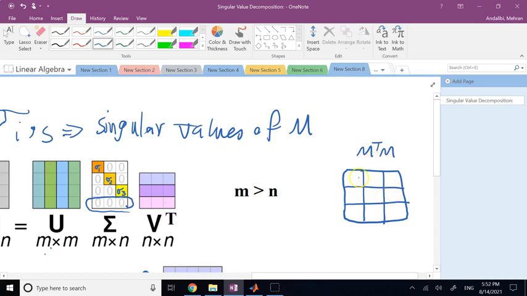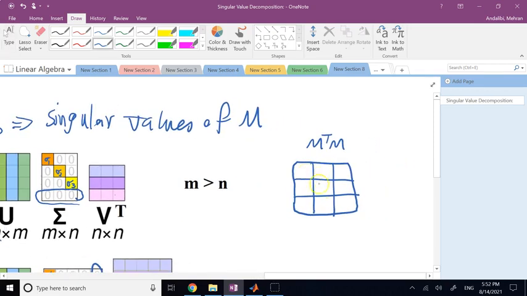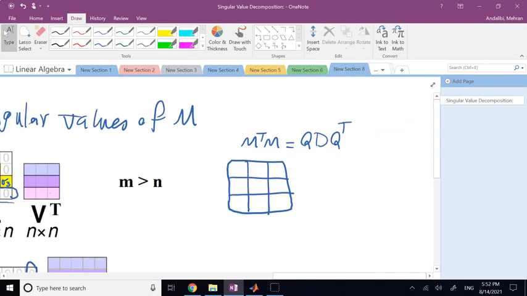And if you can write it in terms of Q times D times Q transpose, so if you can find the eigenvalues of it, then this D matrix will have the eigenvalues. It's a diagonal matrix with eigenvalues, where the eigenvalues are the squares of the singular values. You can easily show that.